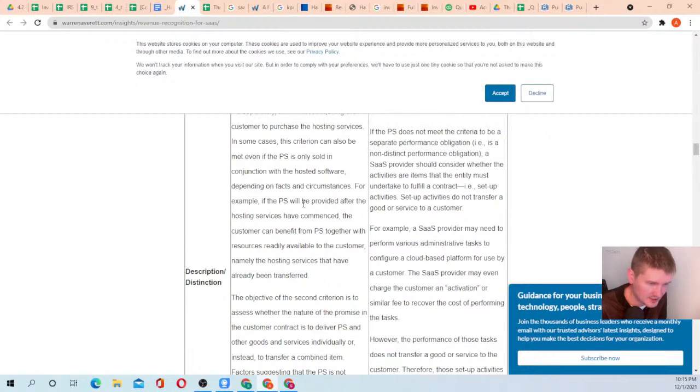So basically, what it says, if we are already using the solution, but we need some help to set up some features, that might be an additional service from which we can benefit separately.